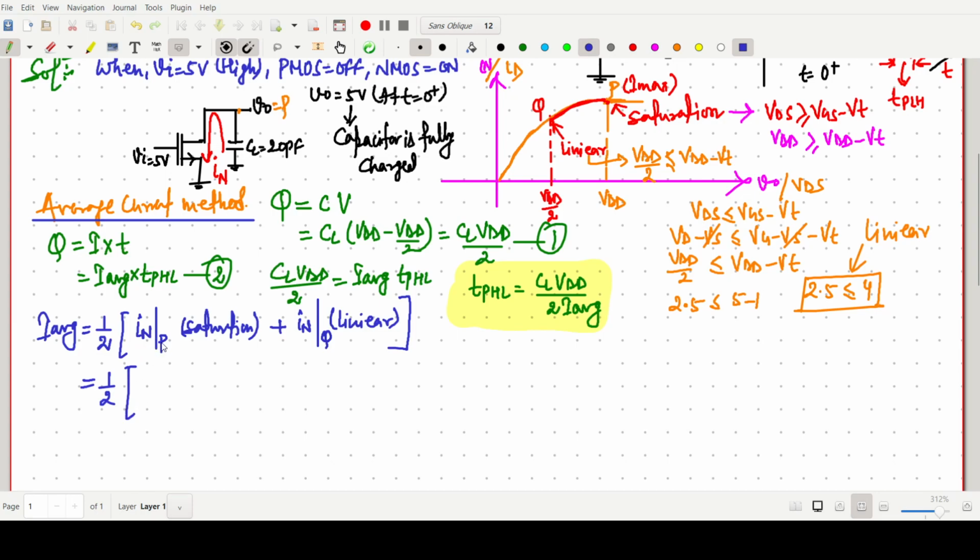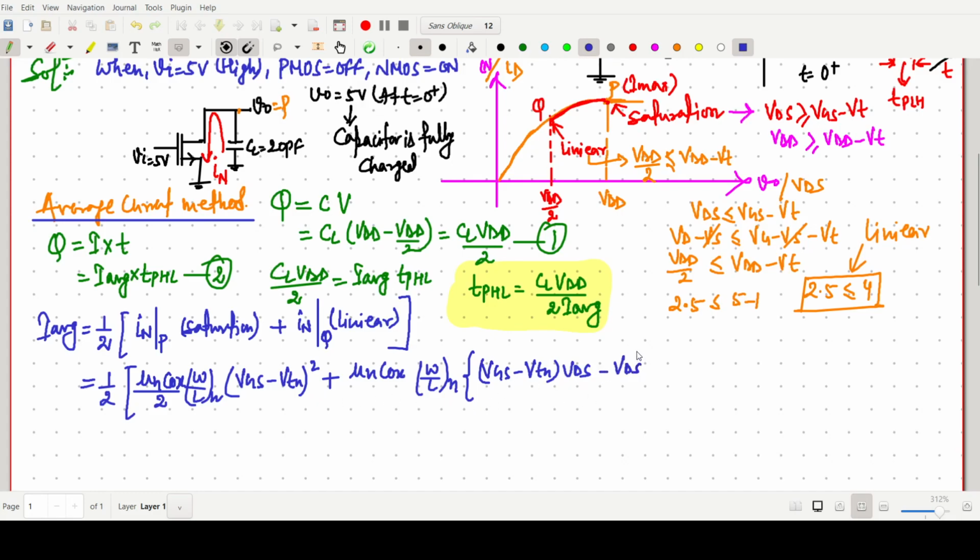The drain current equation in the saturation region is mu n Cox W by L of n, because we are taking the NMOS, by 2, times VGS minus VTn whole square, plus, when it is in linear, mu n Cox W by L n times VGS minus VTn into VDS minus VDS square by 2, then close the bracket. This is the saturation region equation and the linear region equation.